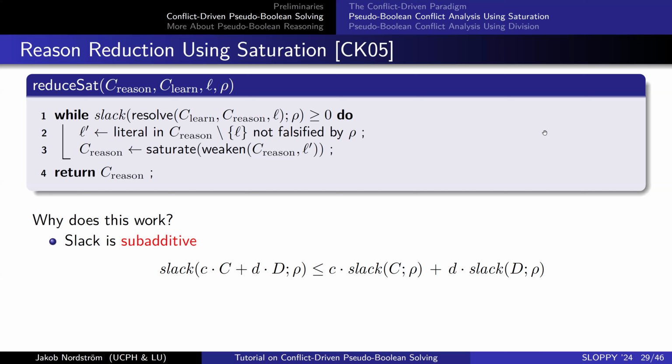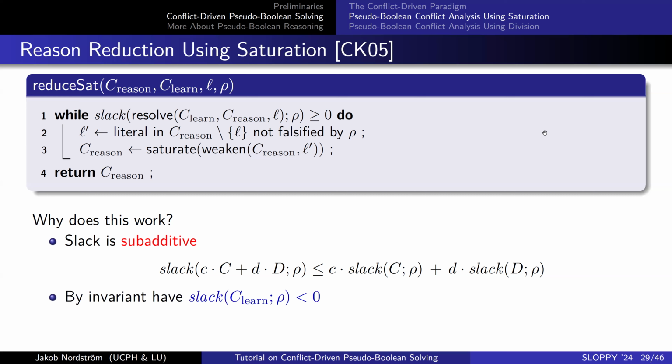So two things I claim. I claim that slack is sub-additive. If I have two constraints C and D, I multiply C by lowercase c, D by lowercase d, and I sum up and get a new constraint. The slack of this is at most lowercase c times the slack of capital C plus lowercase d times the slack of capital D. It's not an equality, but it's less or equal, so it's sub-additive.